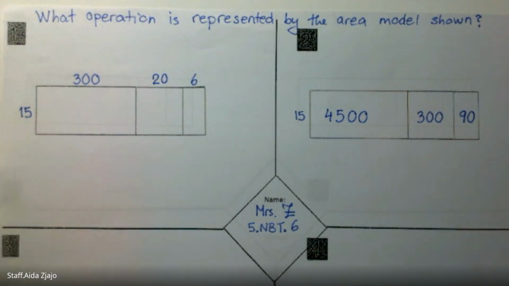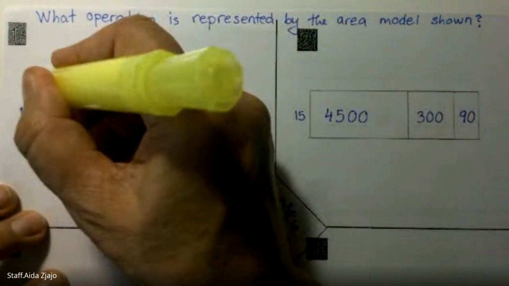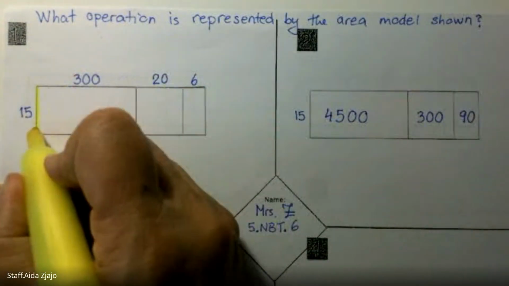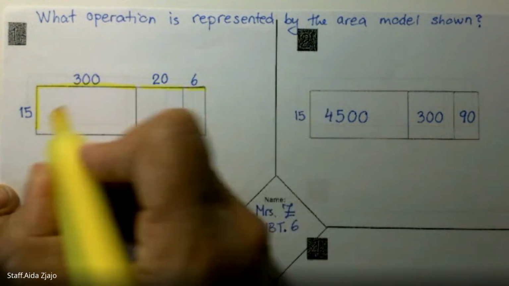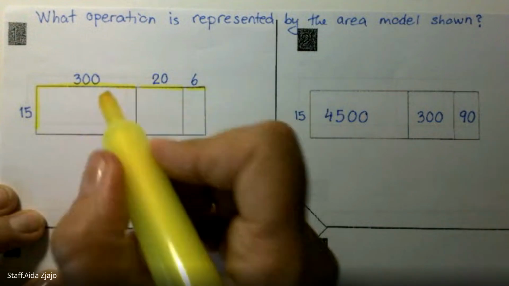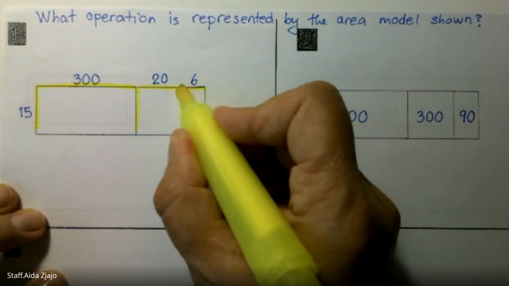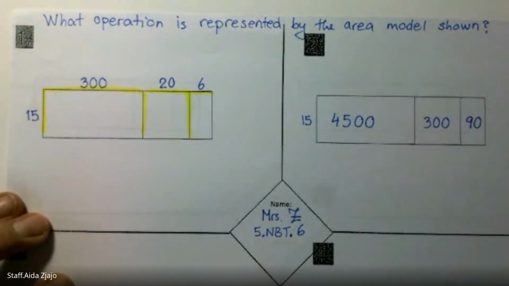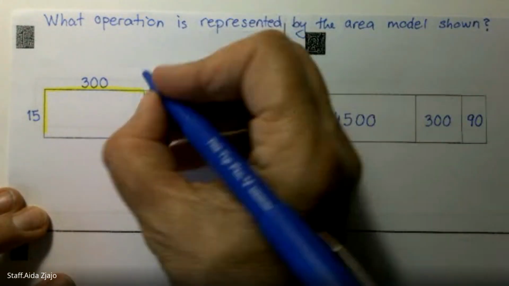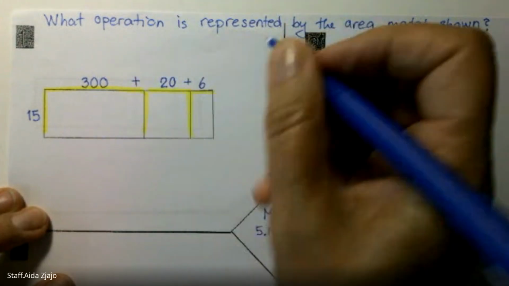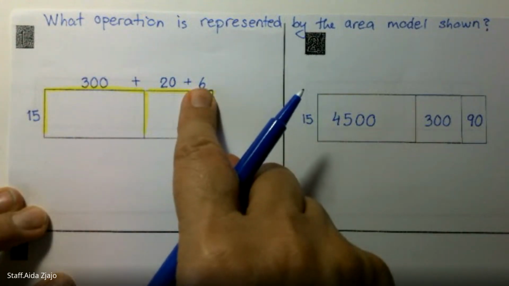In the fourth grade, you will need to figure out what this is. This is a multiplication problem because the numbers are outside, and it will be 15 times 300, and then also 15 times 20 and 15 times 6. So when you see this problem, you will know that this is multiplication of 15 times this number together.